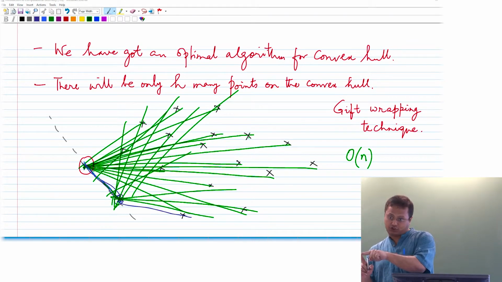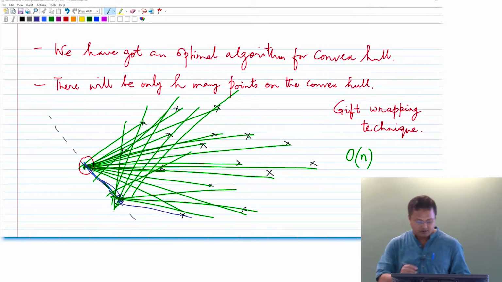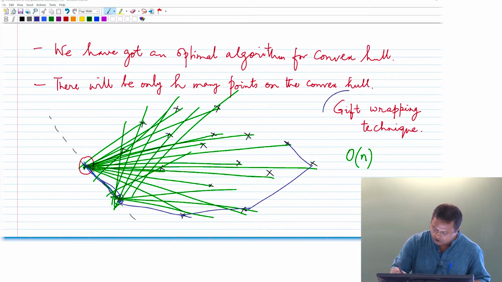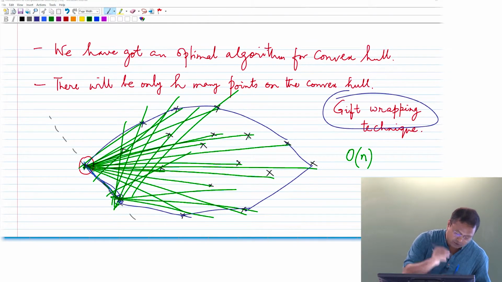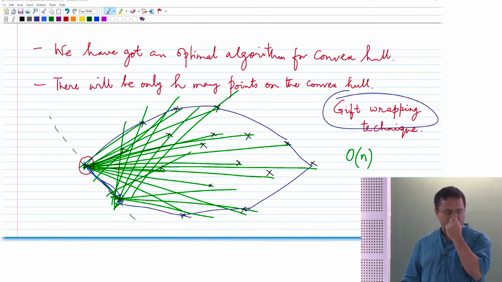You get there, you are sure that this point is going to be on the hull and again redo the computation. The reason that it is called gift wrapping is because you keep doing this computation till you come back to the point from where you started, right.